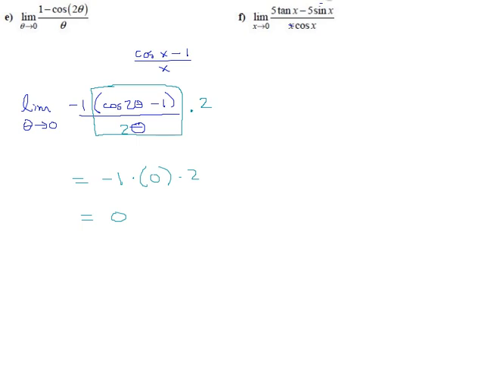Basically, I'm thinking having 3 trig functions is kind of bad. Having 2 is somewhat better, so let's see if that helps us in any way. Instead of tan x, I'm going to say sine x over cosine x. And then we have minus, I'm not changing anything else. And all that is over x cosine x.